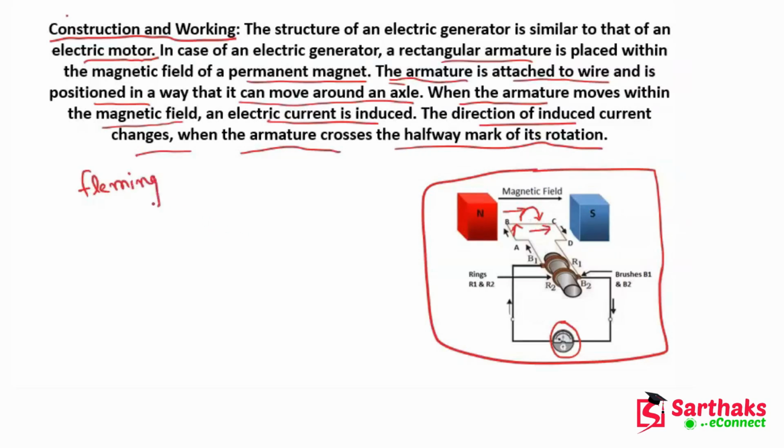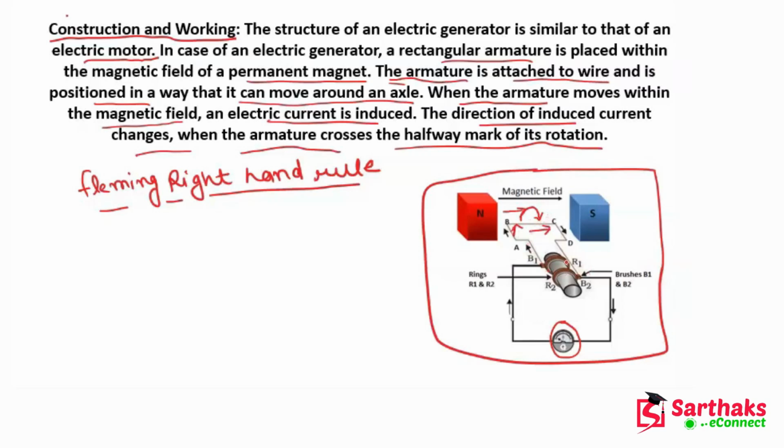Fleming right hand rule. Now you can ask why we are applying this rule. The answer is because we are studying EMI, electromagnetic induction. And what is electromagnetic induction? When due to the change in a magnetic field, a current is induced.